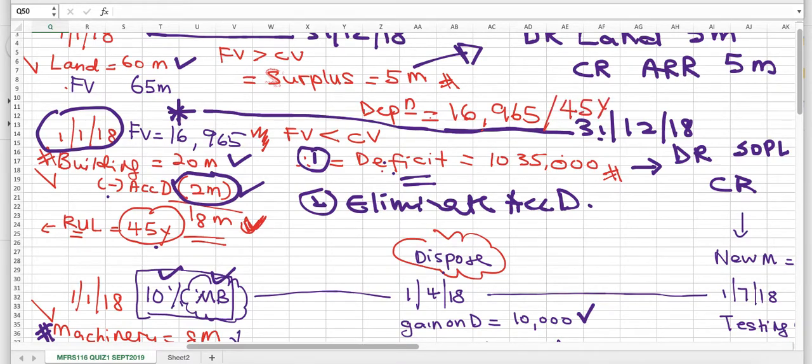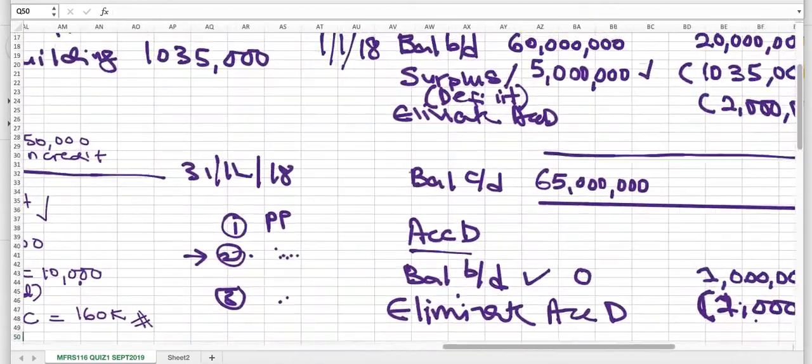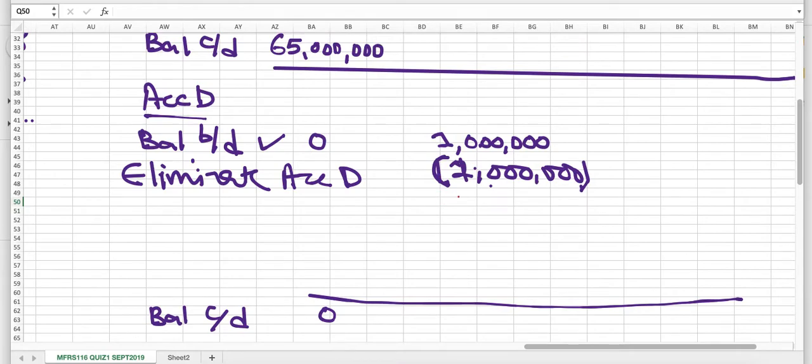So you should get 377. That is the current year depreciation for the building. So that goes here, 377. So we call it depreciation.